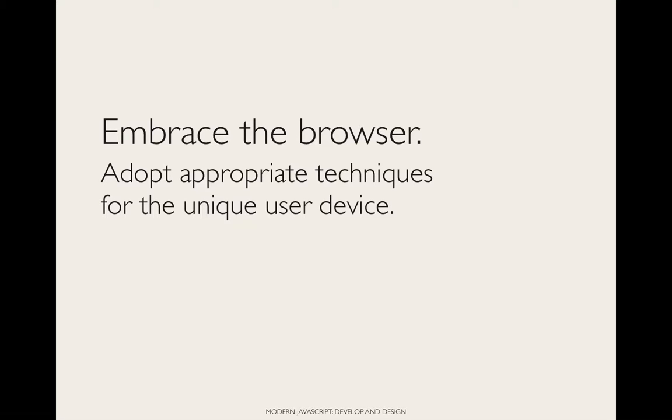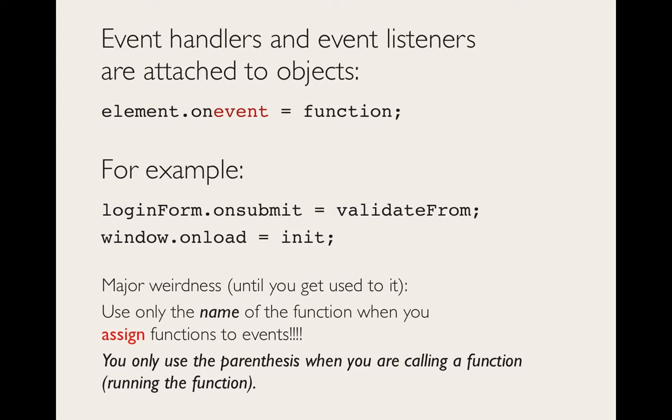Another thing you want to do is embrace the limitations of the browser. The browsers are meant to do something that C# and, say, Visual Basic aren't, and vice versa. Embrace the browser. Use appropriate techniques for a device, and we'll cover a lot of those as we go along.